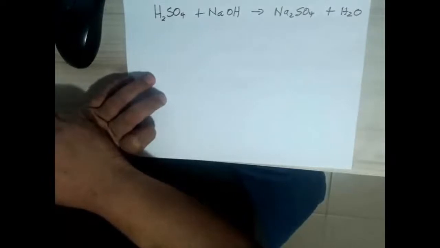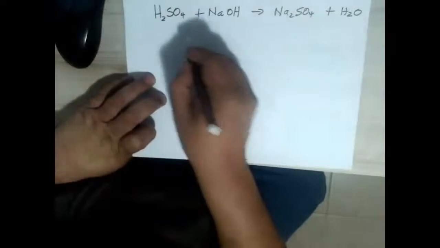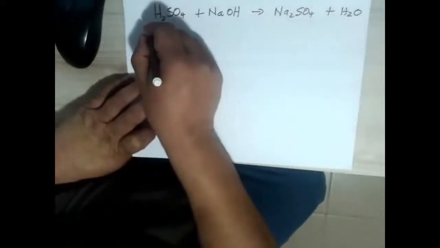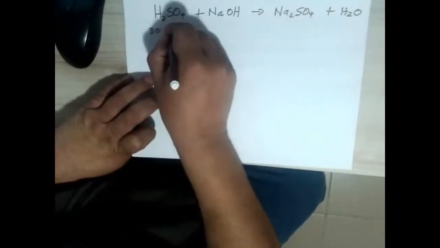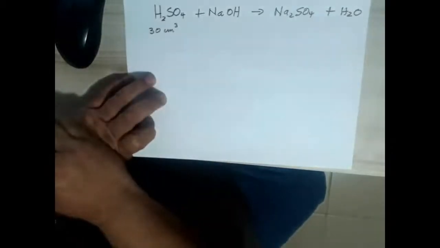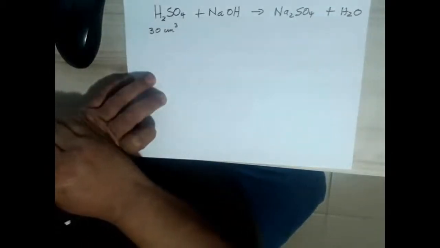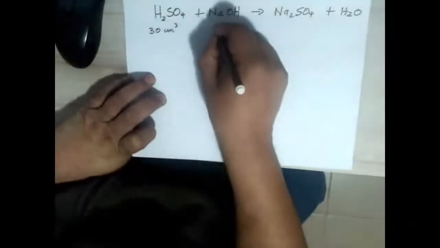Right, so what they've done is they've given us 30 centimeters cubed of sulfuric acid. So I'm going to write my 30 centimeters cubed over there. And they've given us 20 centimeters cubed of sodium hydroxide.